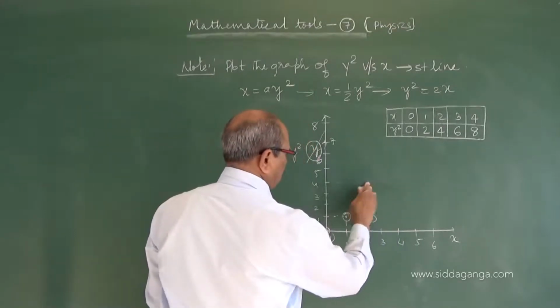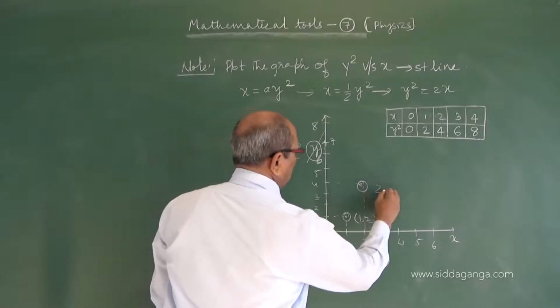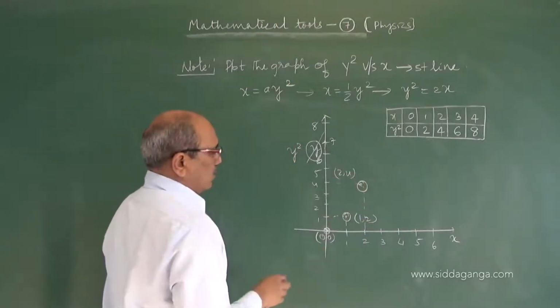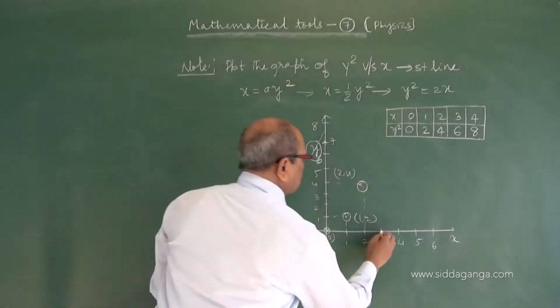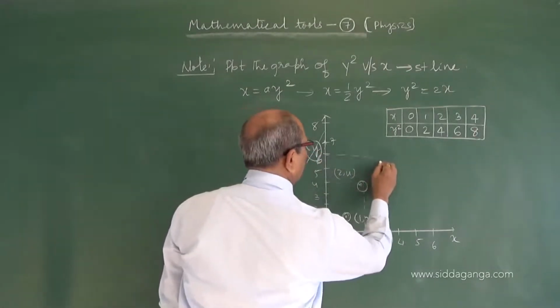Sorry, 2, 4. Here it is. 2, 4. And similarly 3, 6, I move to the 6 point here.